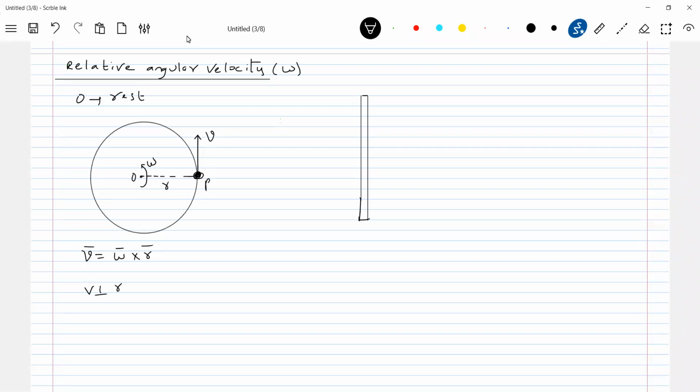Okay, these are the points A and B. Let the velocity of particle A be this one, and this is length L. Then how do we get the angular velocity of particle A with respect to particle B? So what is the basic definition? Then the basic definition will go like this.